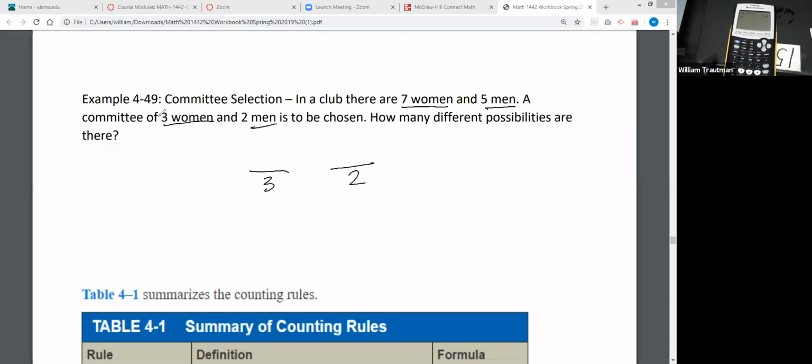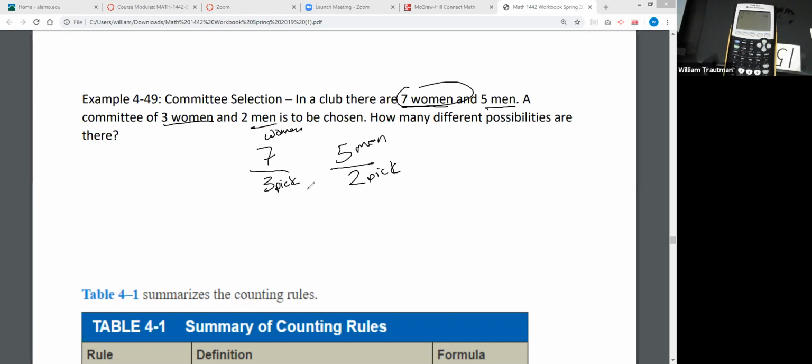Now, when I pick the 3 women, it's 7 women total, and we're going to pick 3. Here we have 5 men total, and we're going to pick 2. How many different possibilities are there? It doesn't say that the order matters.